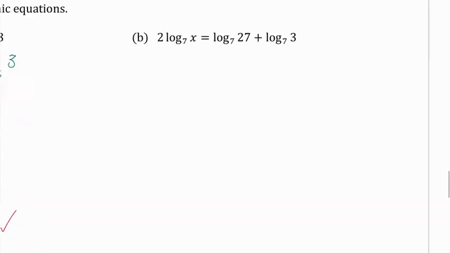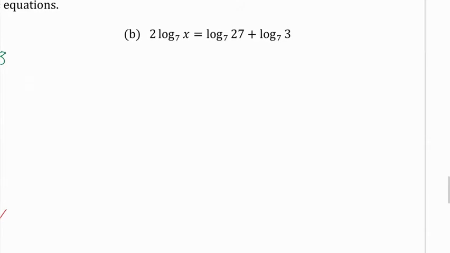So another equation here. Again, all the logarithms are base 7, so that's a good start. But we want to condense these so then we can drop the logarithm on each side, right? So on the left side, I've got a number out in front here, so I can rewrite that as log base 7 of x squared, right? Oops, not 21, just squared.